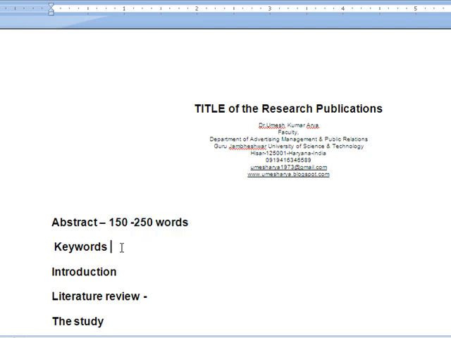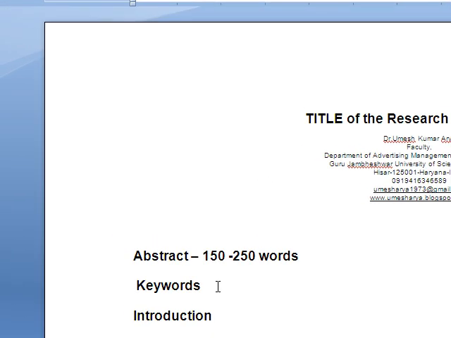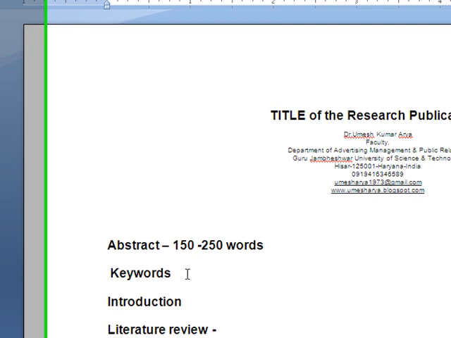Then come the keywords. Keywords or tags, both are the same thing. Keywords are a set of 5-6 main topical words which describe your whole publication.